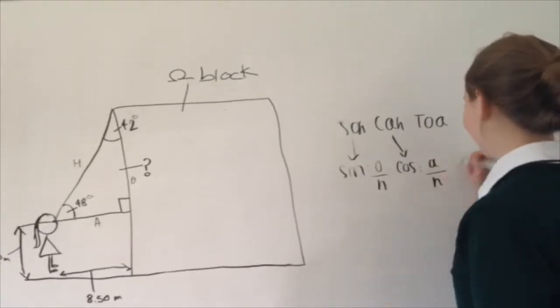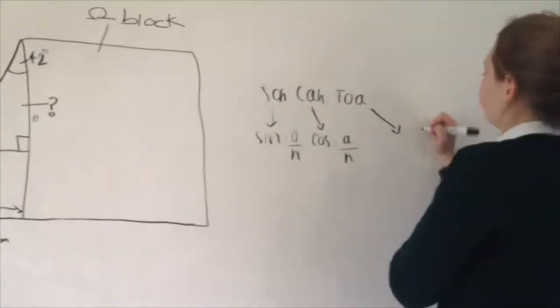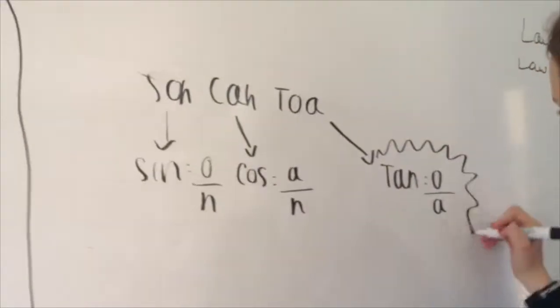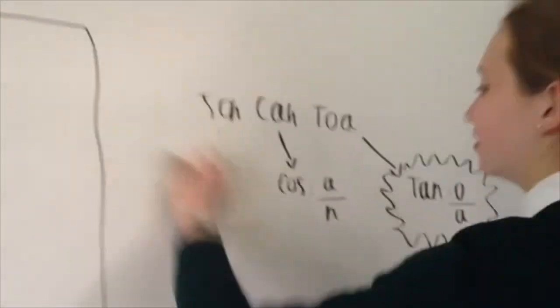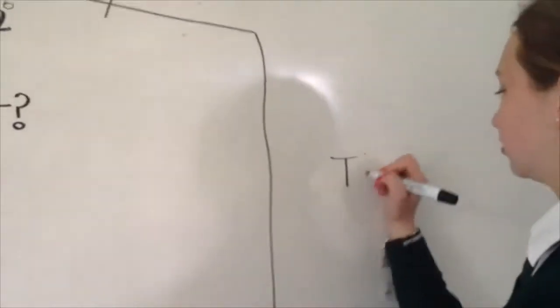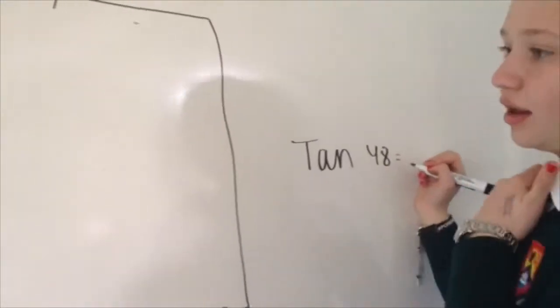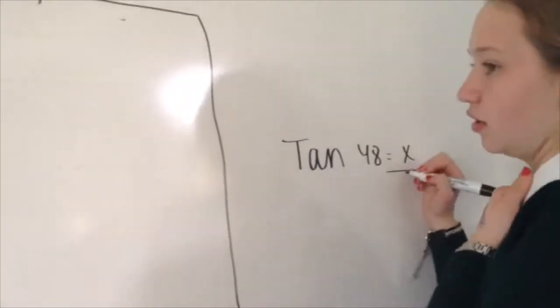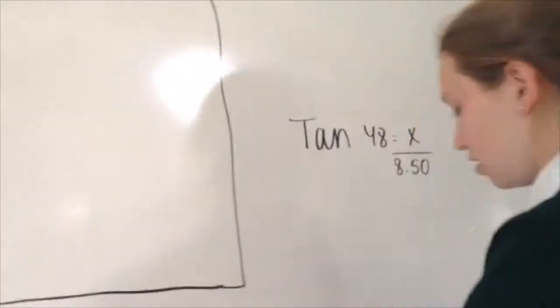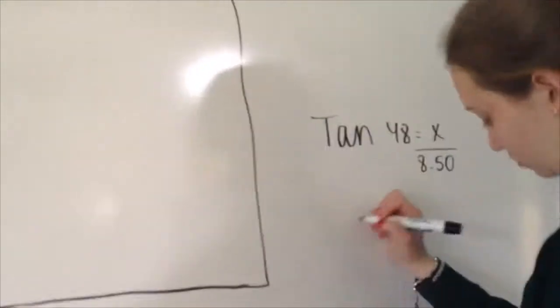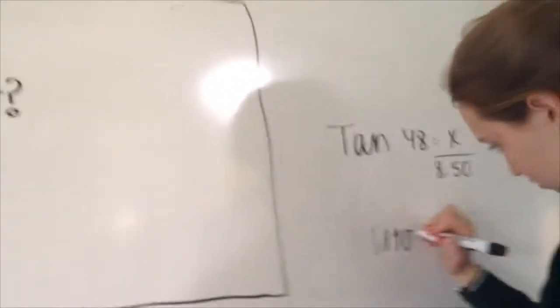Since this was a right angle triangle, the correct one we had to use was tan, because it related opposite with adjacent. Tan of 48, which was the angle we measured, equals x, which is our missing side, divided by 8.5, which was the distance from where we measured to the block.